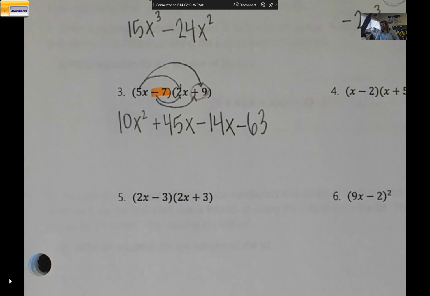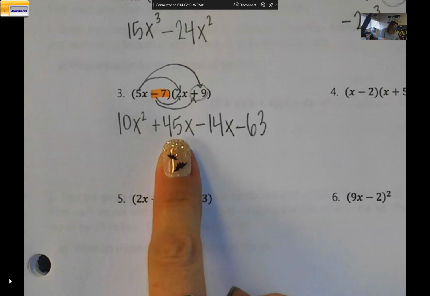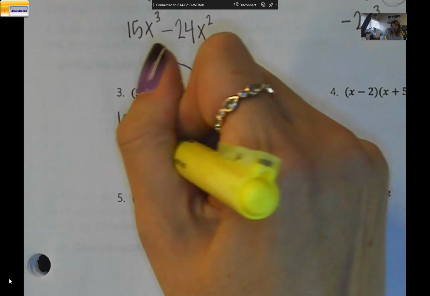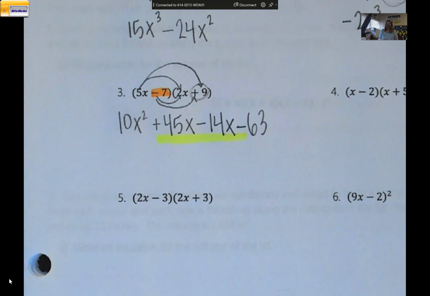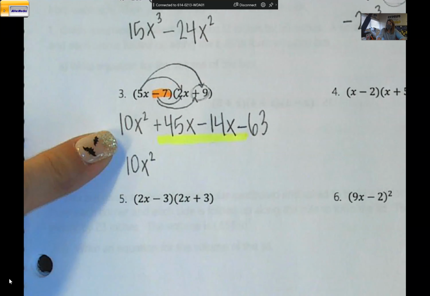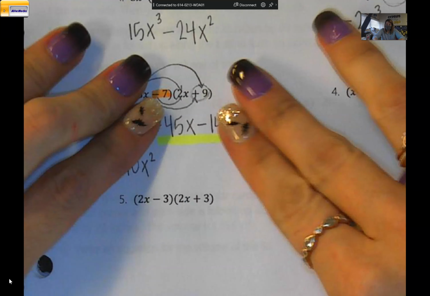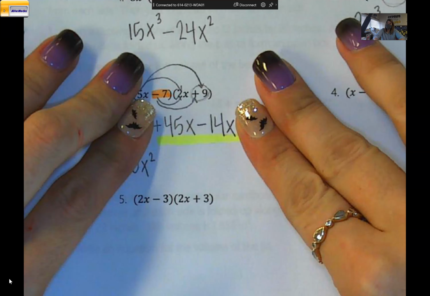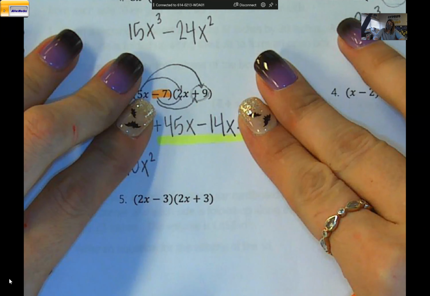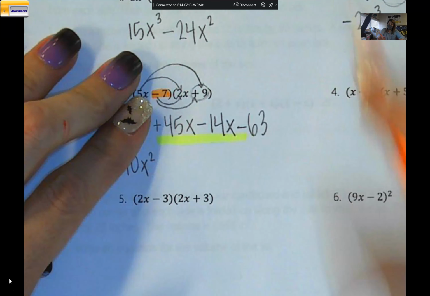Whenever you do the double distributing, these two middle terms now will combine. So these two middle terms, you can combine those. So we keep 10x squared, and then we have to combine positive 45 and negative 14. So what's that going to go to? 31?